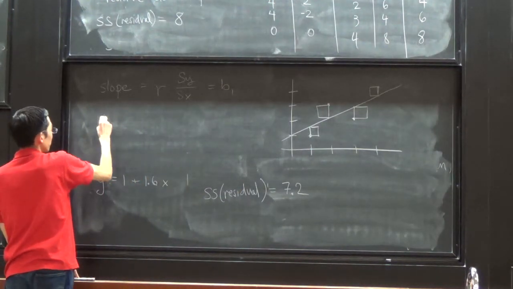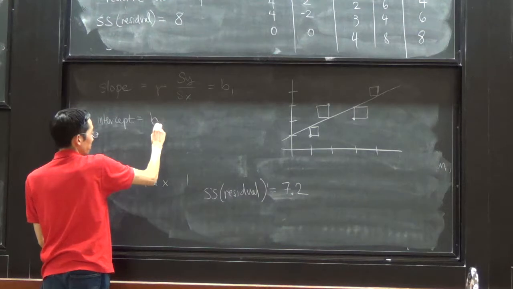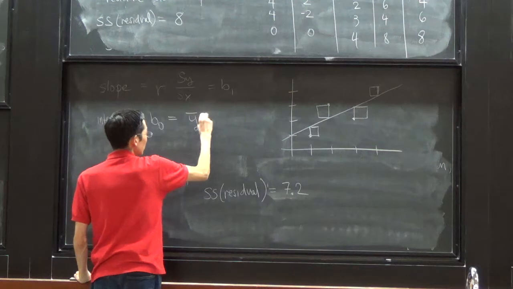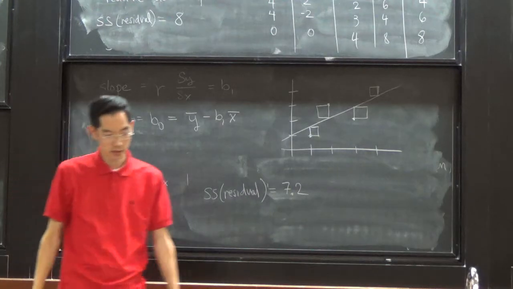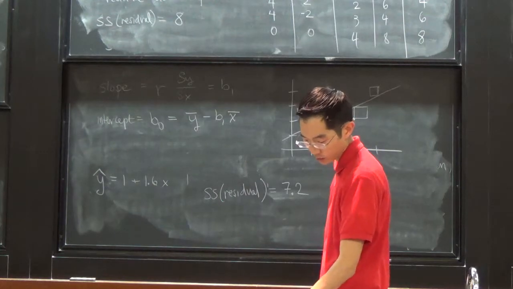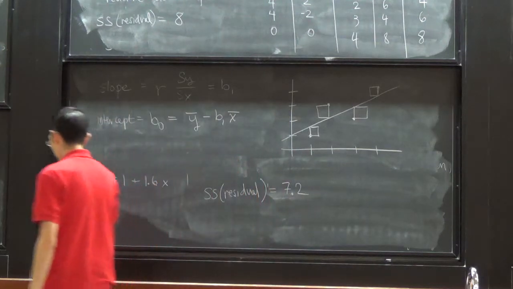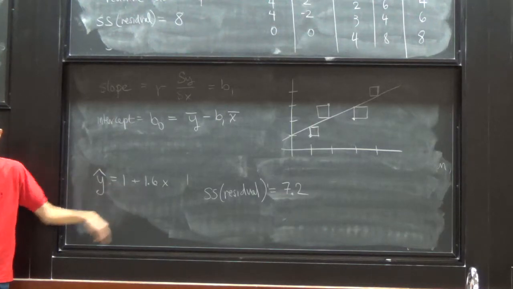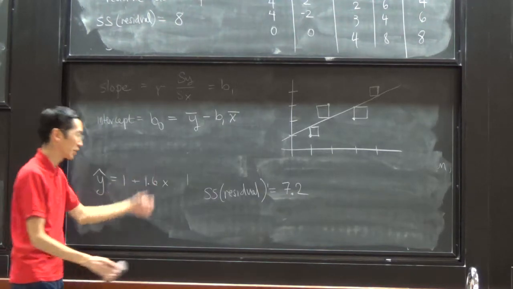And the intercept, which we use the symbol b0 for, is always going to be y bar minus b1 times x bar. So the line of best fit is always going to have this slope and this intercept. Actually, when I chose this line 1 plus 1.6x, I knew that this was going to produce the best fitting line.